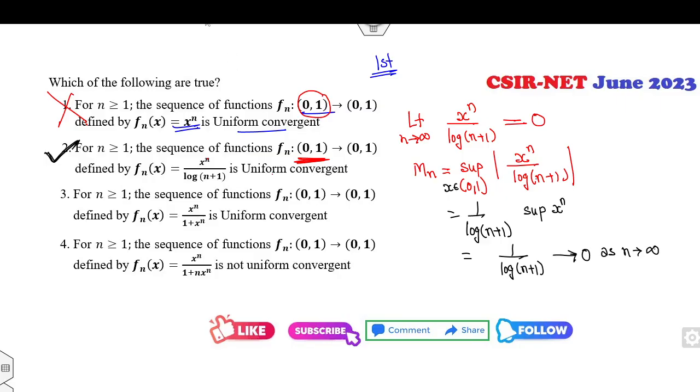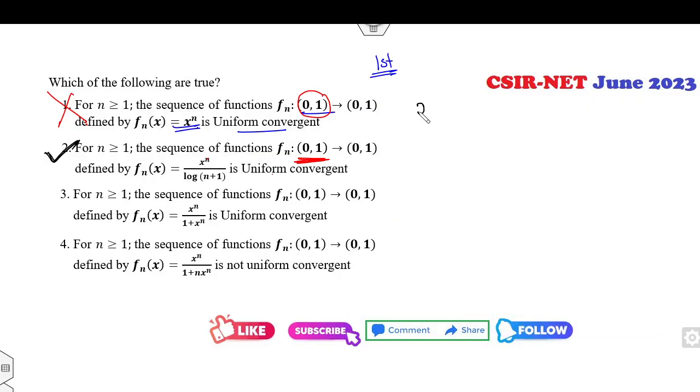If you use the second method on this problem, you can define the subsequence 1 minus 1 over n. Then if you take the limit, it is e raised to power minus 1 over log of n plus 1, which again goes to 0. So once it goes to 0, this means it is uniformly convergent.